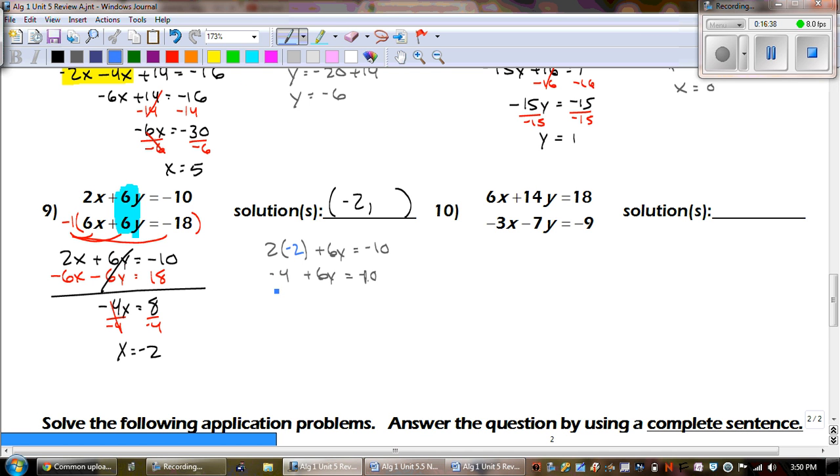So to get the y by itself, I'm going to add 4 to both sides. And we get that 6y equals negative 6. When you divide both sides by 6, don't forget about that negative, and we get y equals negative 1. And remember, these are asking for points. Okay.